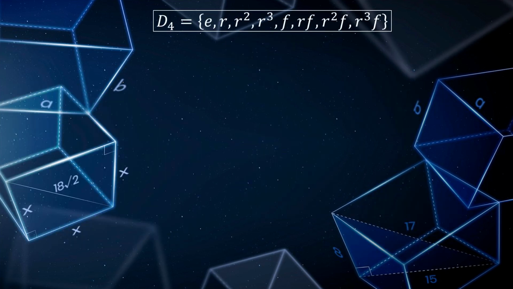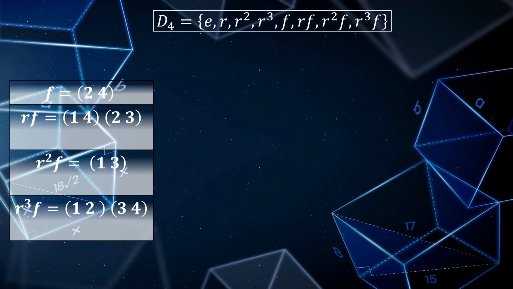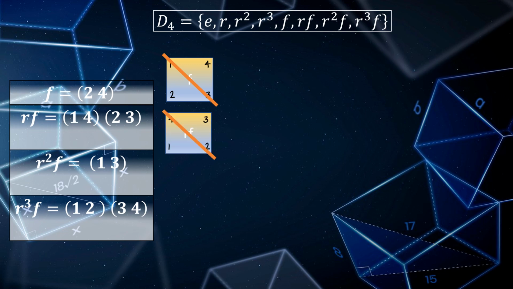Now, let's find the permutations of the reflections. First, let's draw a diagonal line. So, our F is equal to 2 goes to 4. Next, RF. Rotate 90 degrees, then flip 1 and 3. Therefore, our permutation is 1 goes to 4 and 2 goes to 3.